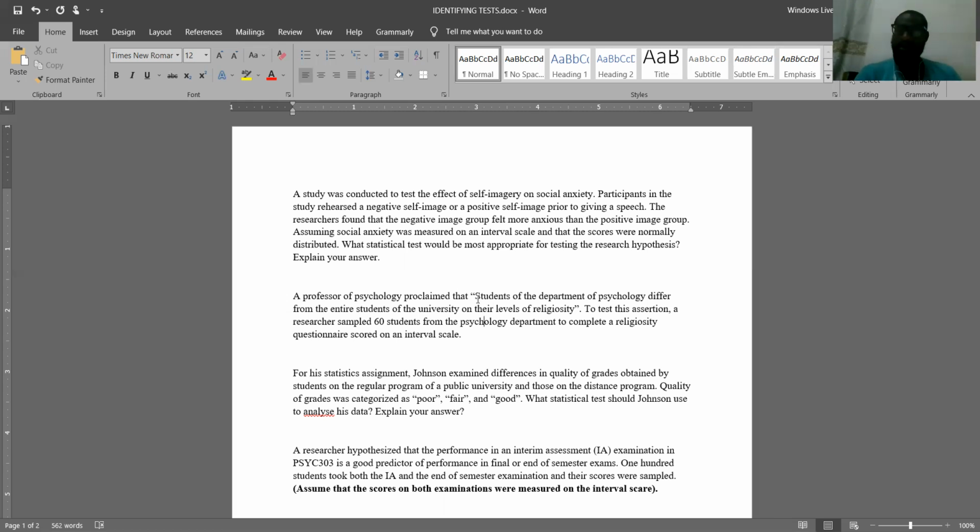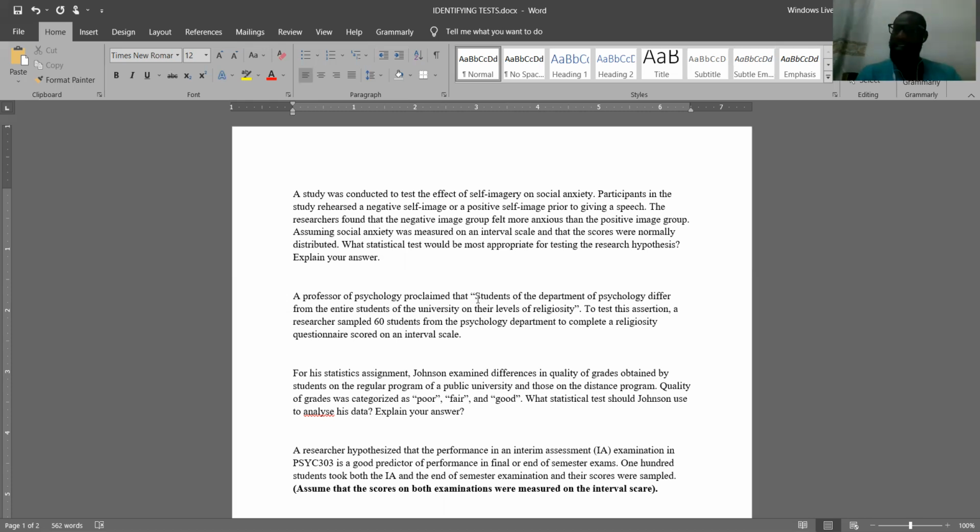Per all the tests that we've done, I told you only two tests will fall within this question: z-test or one sample t-test. These are the two tests with which we normally compare a sample and a population.